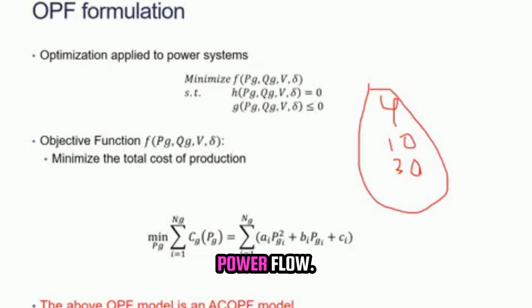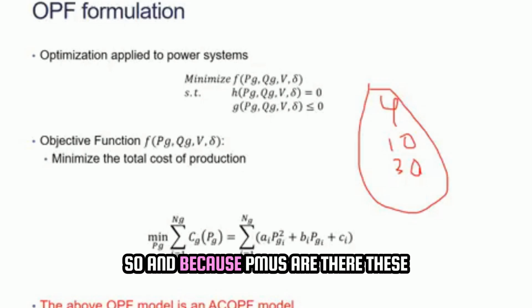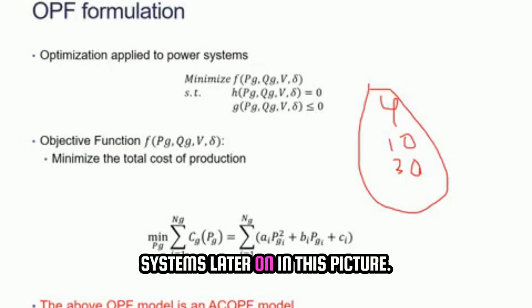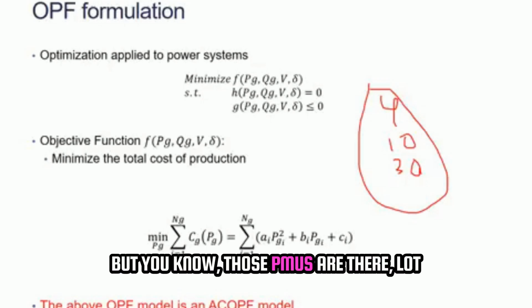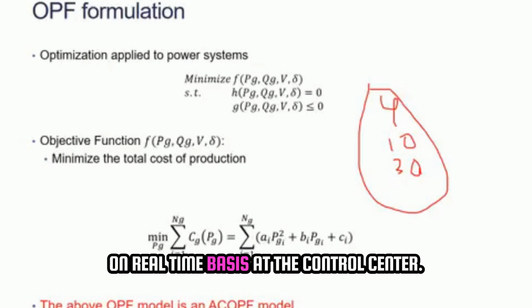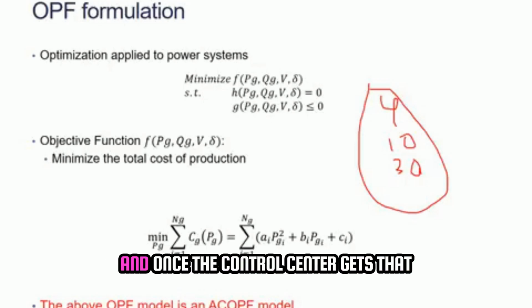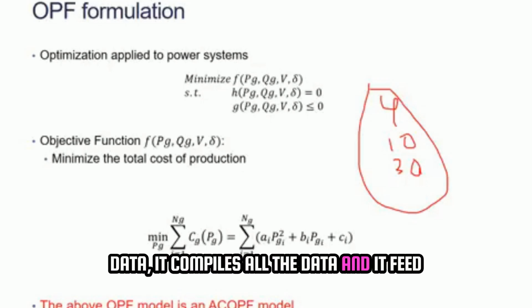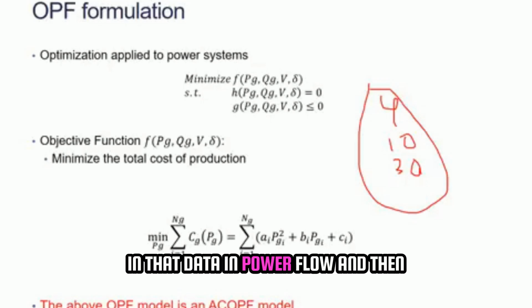Because PMUs are there these days, we are going to see the SCADA systems later on in this lecture. Those PMUs and a lot of measuring devices transmit the data on a real-time basis to the control center, which compiles all the data and feeds it into power flow, and then runs power flow continuously.